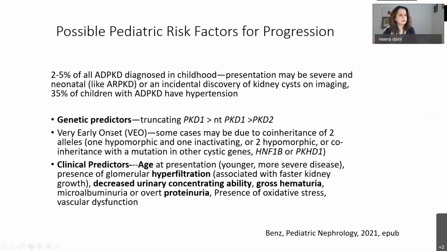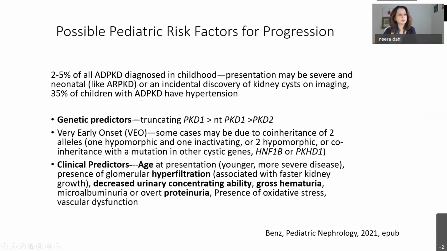There are some cases of very early onset of disease, and there's been a lot of focus on who are the children who have this very early onset, and particularly if that's different from the disease that's seen in the family in terms of age of onset.